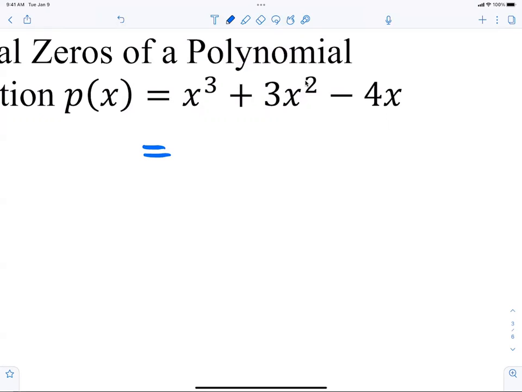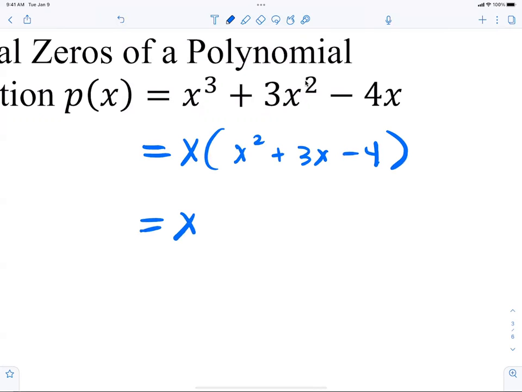You might notice, what's the greatest common factor of those three terms? So let's factor an x out. And then that quadratic is probably factorable. What is that, x?